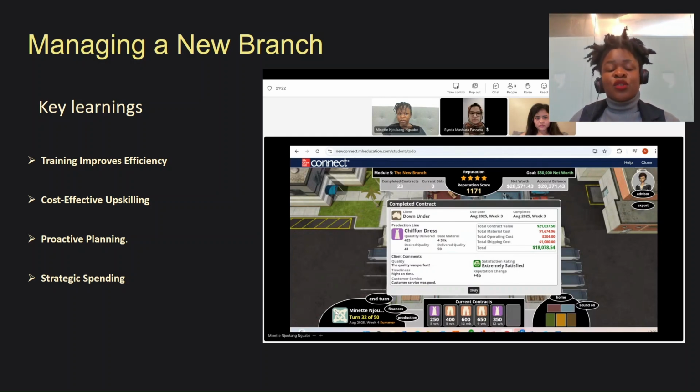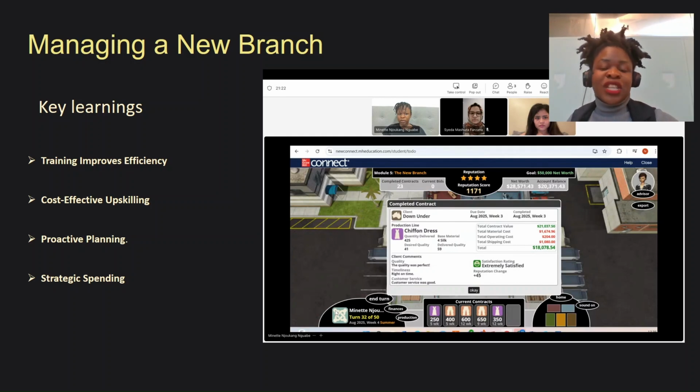Since we knew we were getting the contract, we did pre-planned production. Whenever we bid on a contract and we had capacity, we went ahead to order the materials required for this contract beforehand and start production beforehand. So by the time the following week comes and they approve the contract, production is already in process.